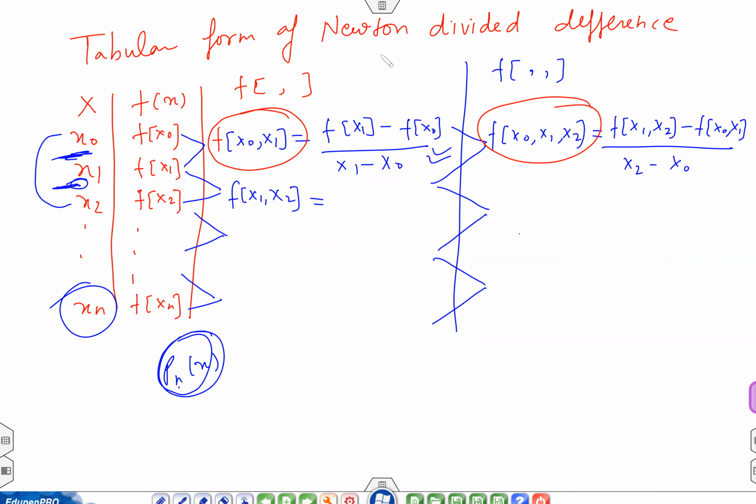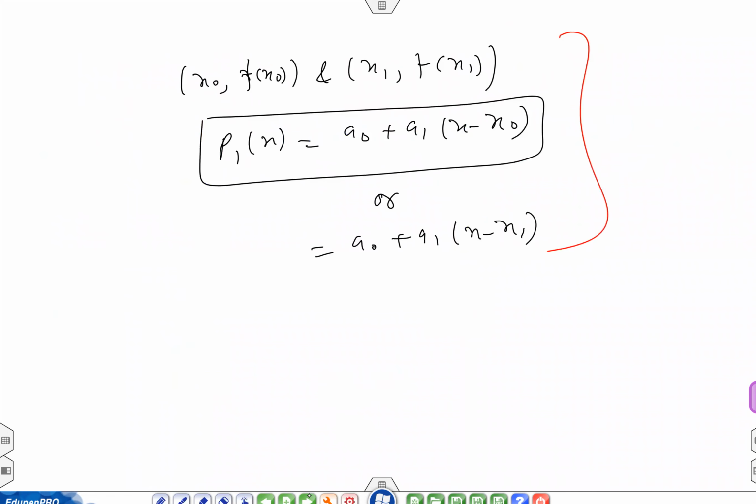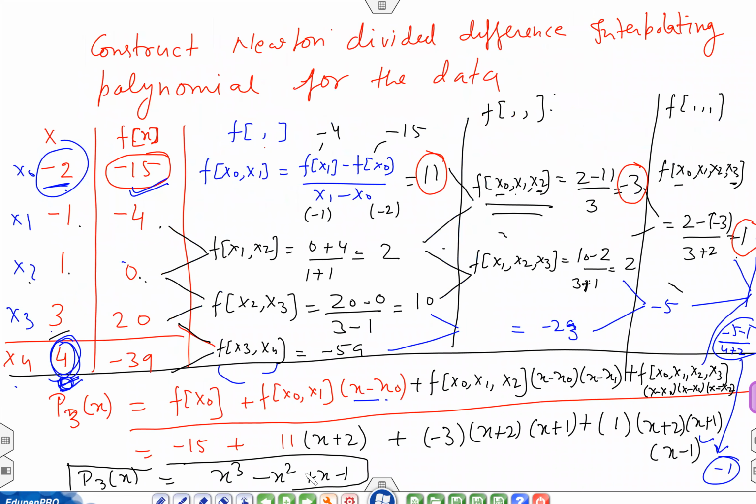Actually, in this Newton divided difference, it is not required that all these points should be in a sequence. There is no restriction for all these points like x0, x1, x2. The difference between these points could be anything. They are not equally spaced points. Suppose x0 is 1, then, if we're taking this example I have done here, these points x0, x1, x2 are not equally spaced always.